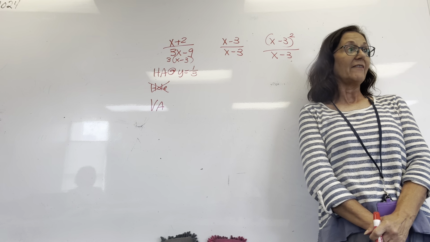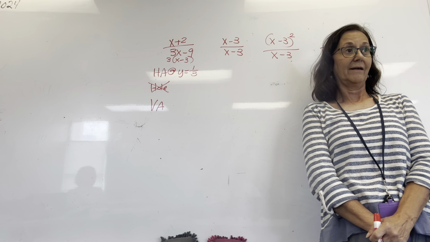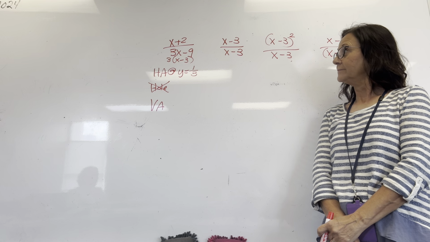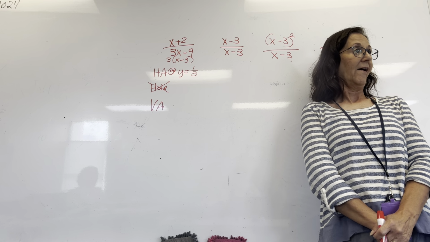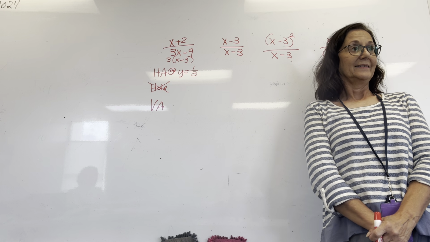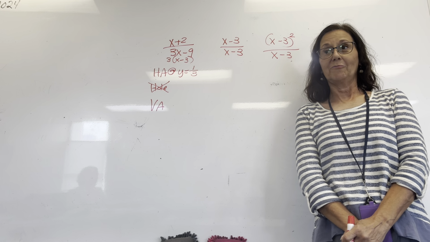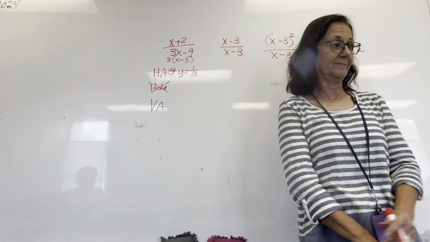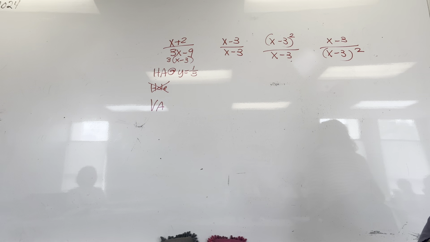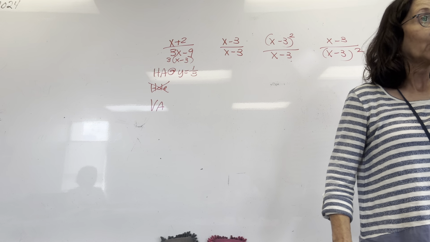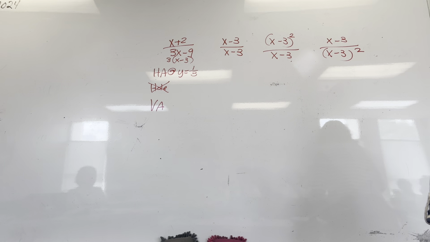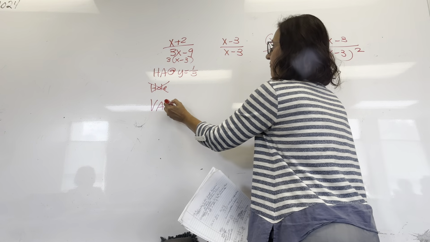So where's there a vertical asymptote? What's the rule for vertical asymptotes? It has a zero that the numerator doesn't. It's 3. 3 is in the denominator, but not in the numerator.